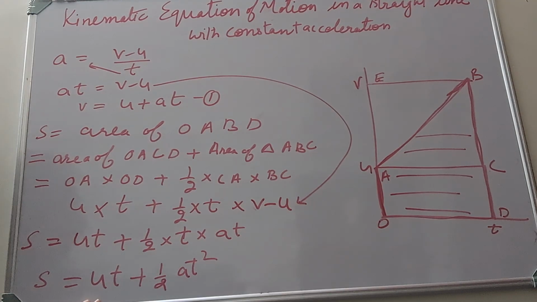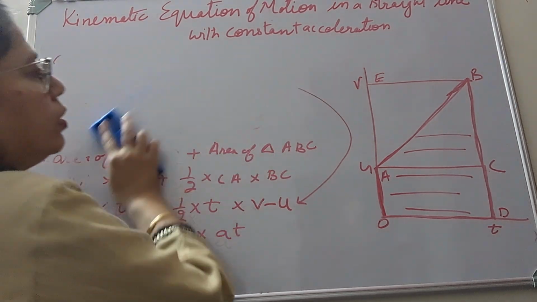This is the displacement of an object, and time is given, acceleration is given, and initial velocity is given. We can calculate the displacement of an object. From this equation, we will replace the value of t and derive the third equation.